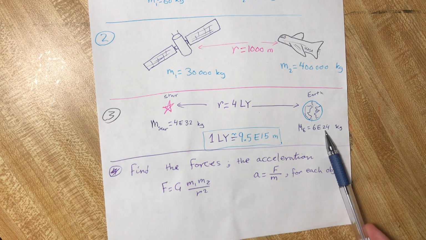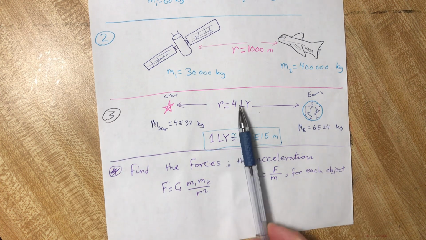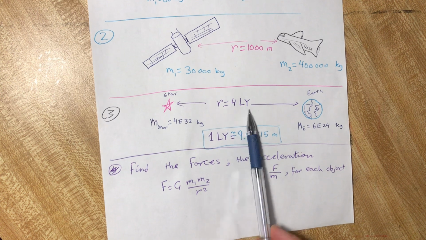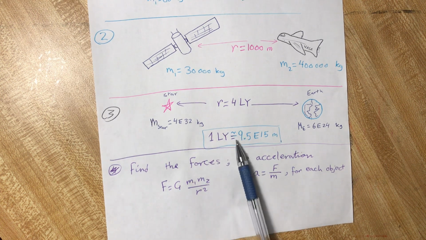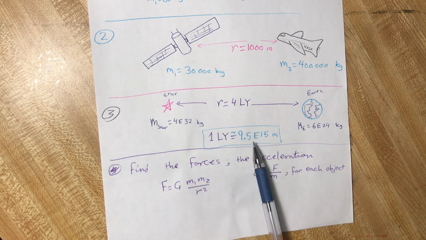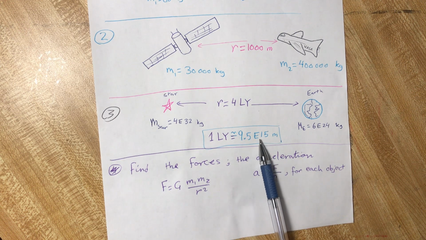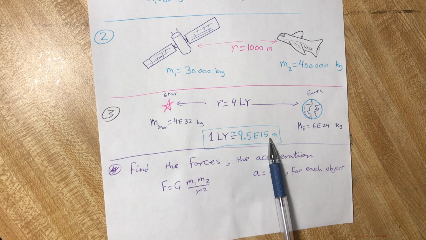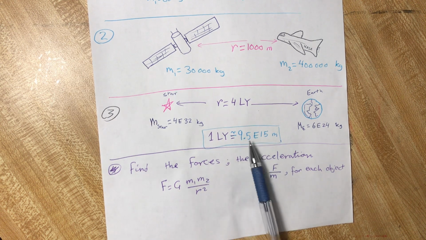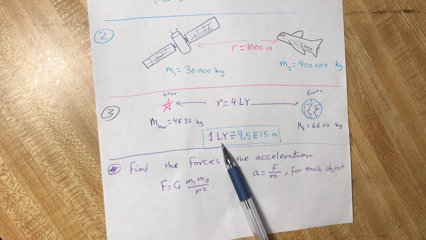It is heavier than the earth, and the distance is 4 light years. To convert that, 1 light year is equal to 9.5 multiplied by 10 to 15 meters, as you see in the lab work, and you can convert the light year to meters.